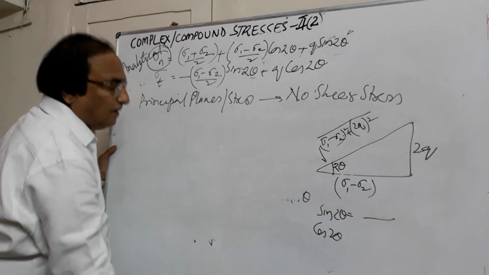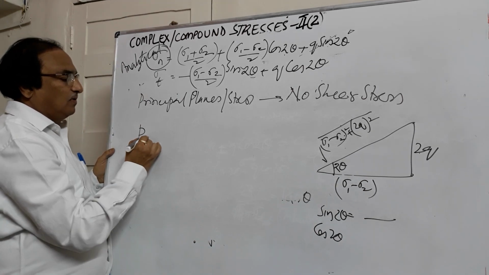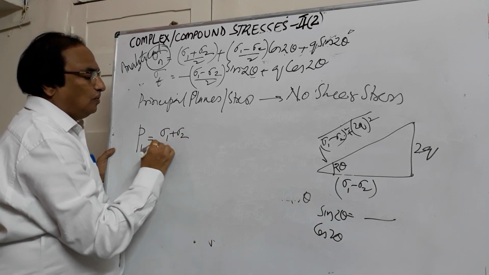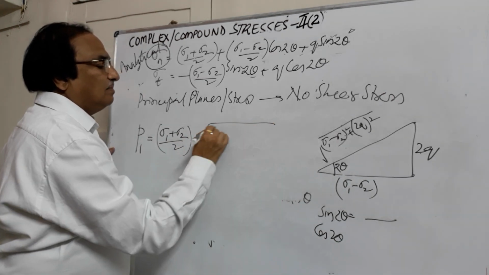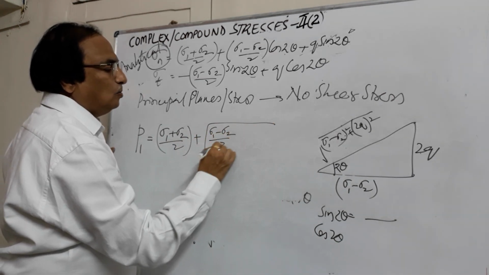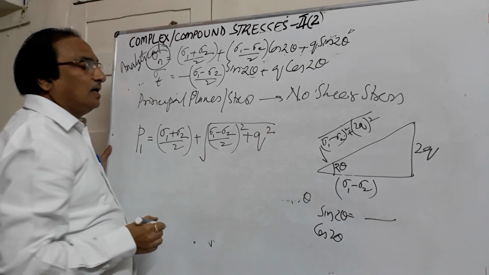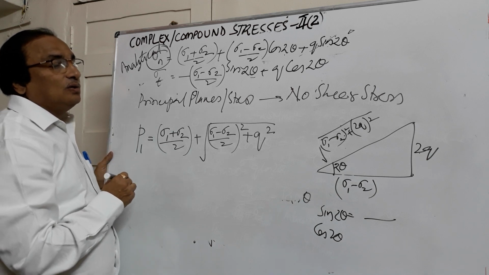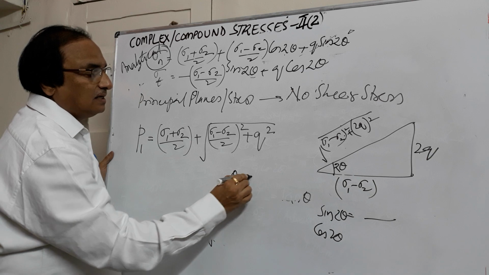and if you simplify it, you get only principal stresses. Those principal stresses, if I call it sigma 1, this will be equal to sigma 1 plus sigma 2 by 2 plus under root sigma 1 minus sigma 2 by 2 whole square plus q square. On simplification you get this is the stress. Now there are two planes, one is theta 1 and another is theta 2.